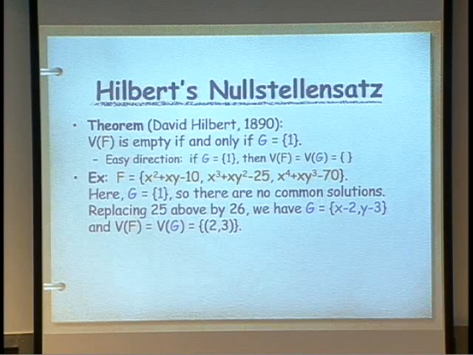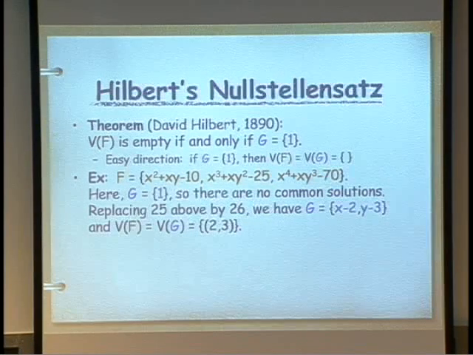Example: let's say Mary Lee's polynomials are these 3 equations in 2 unknowns x and y, and I ask myself, do they have a common solution? Well, you type them into Macaulay 2, you hit the button, out comes g is 1, so there are no common solutions.